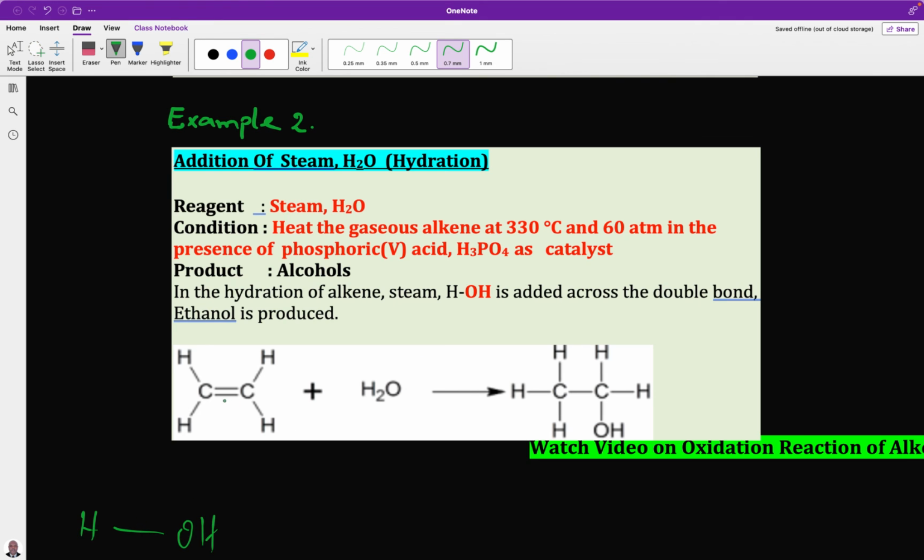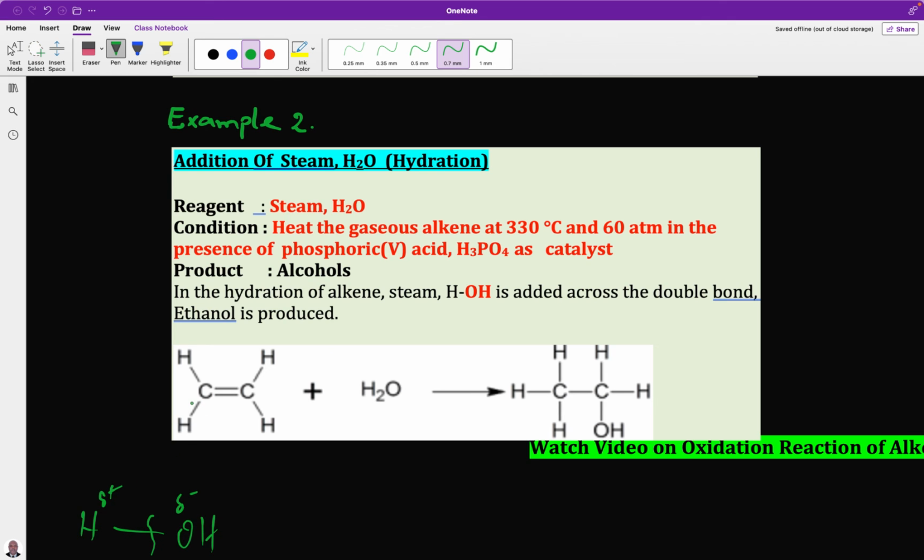When it approaches here, there is what? It's the same mechanism. A high density of pi electrons around here. What happened? A partial positive charge, a partial negative charge. Hydrogen will attach itself here, and there is splitting.